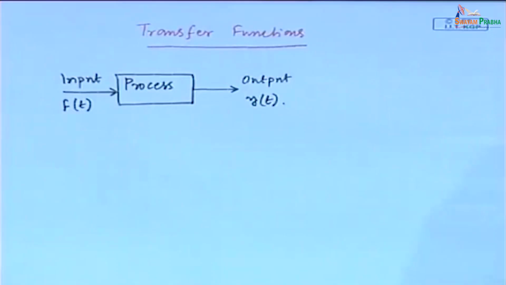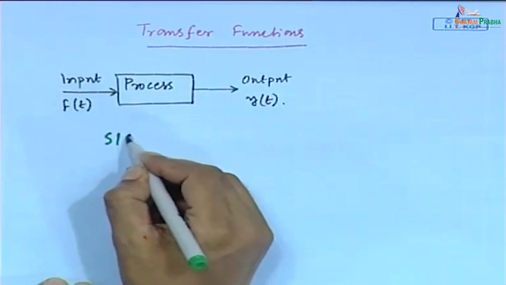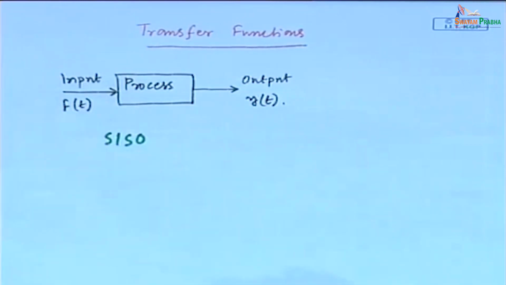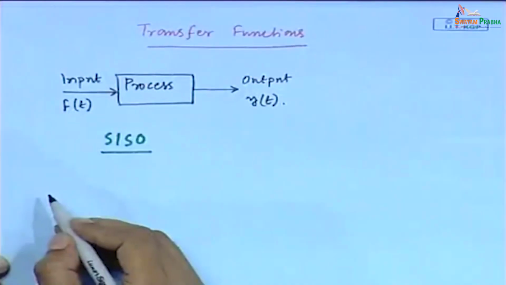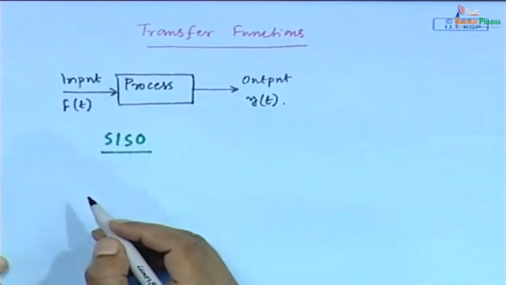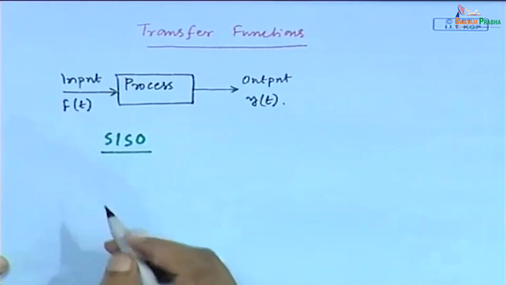Fine. So, we will consider one example first, which is a single input single output system. We will derive the transfer function for a single input single output system, that is SISO. A single input single output process we can represent by this form, which is definitely a linear or linearized version.